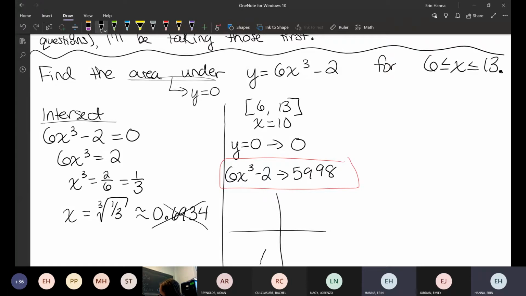Just pretend that that's what it looks like. So 6 and 13 would be all the way out here. And hopefully it makes sense what I'm trying to say. The x cubed thing is going to be above the x-axis, is the point. So graphically, that would make sense too.